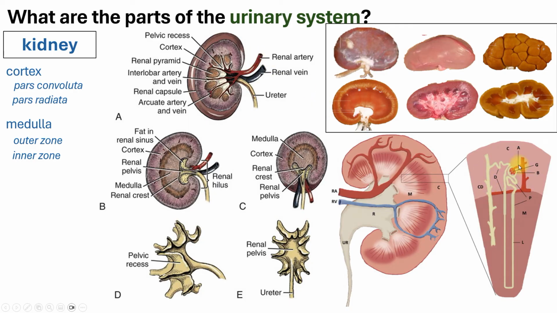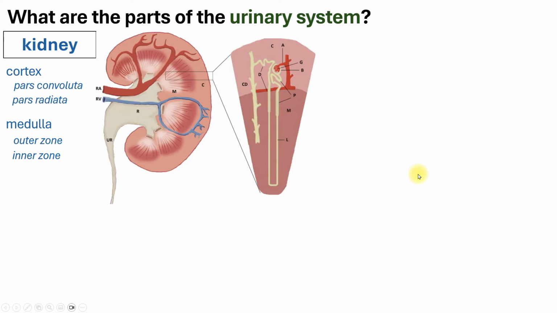After it carries the blood, the uriniferous tubule system will actually filter it and take out the good things, the nutrients, and absorb them back into the body. And then all the bad things, it will just expel out into the ureter and then into the urinary bladder and then into the urethra. Okay? And then you will see here for the parts.